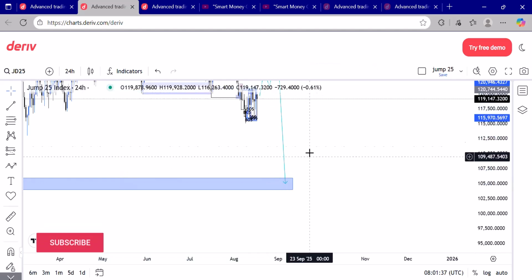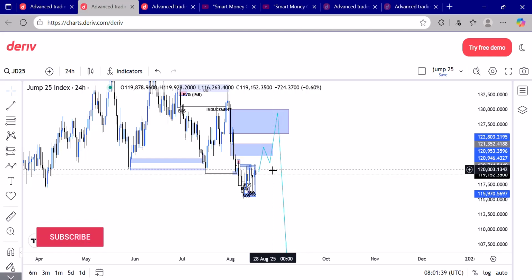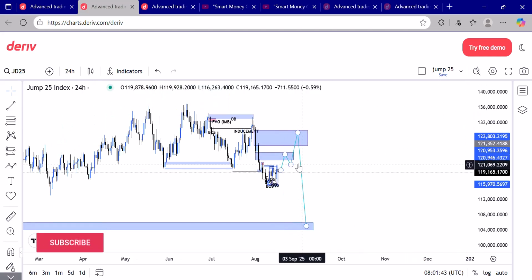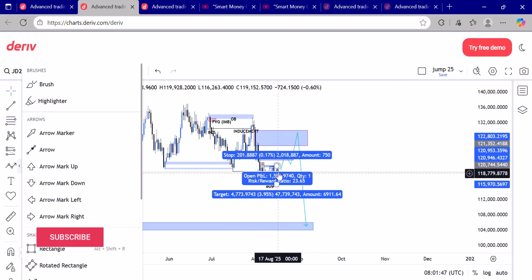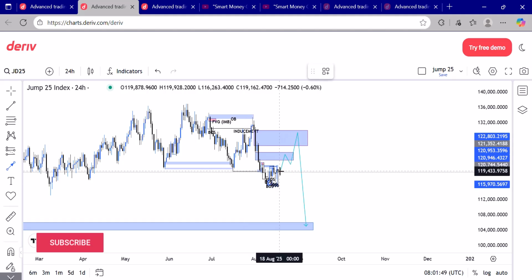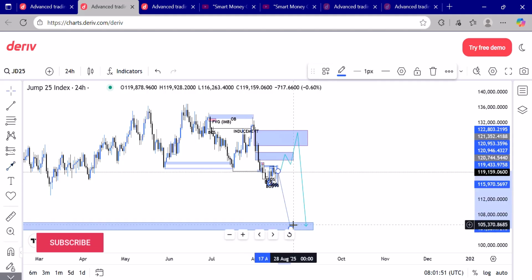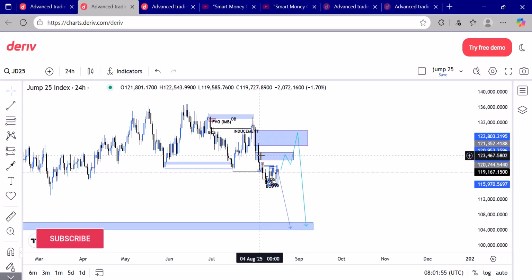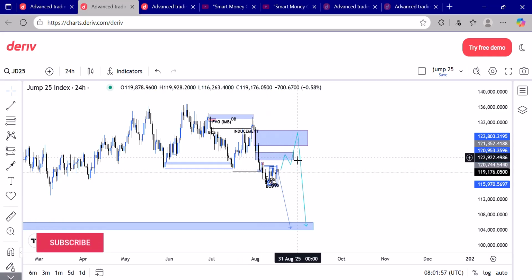So it can go down directly from here, or it will go up because of this void we are having. So go up, fill this void, retrace, probably fill this void before it sells down massively.